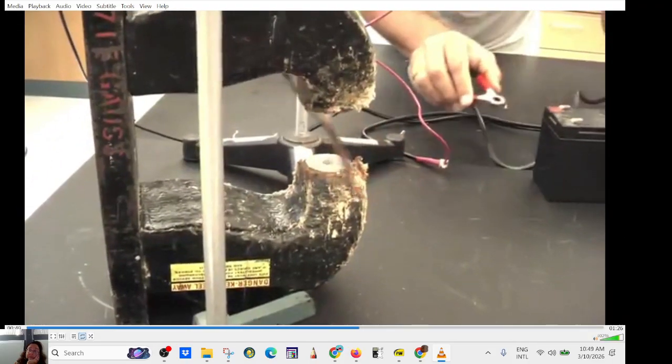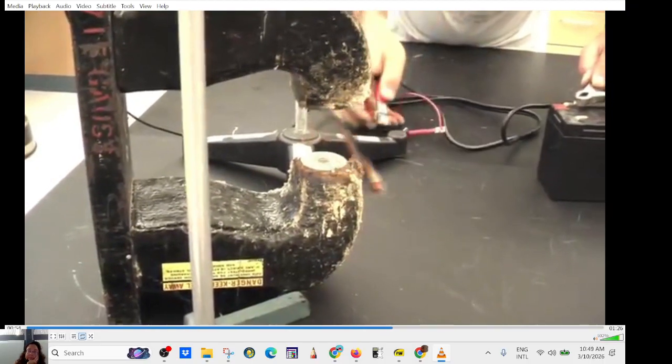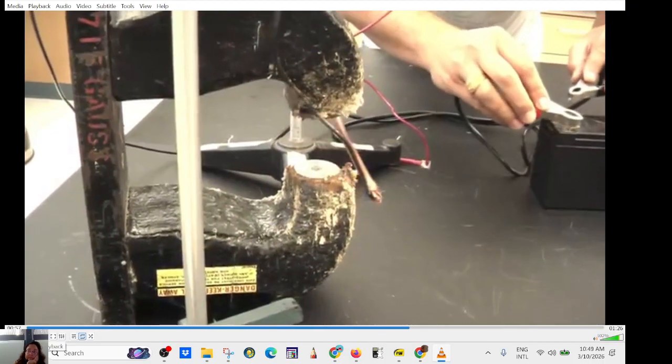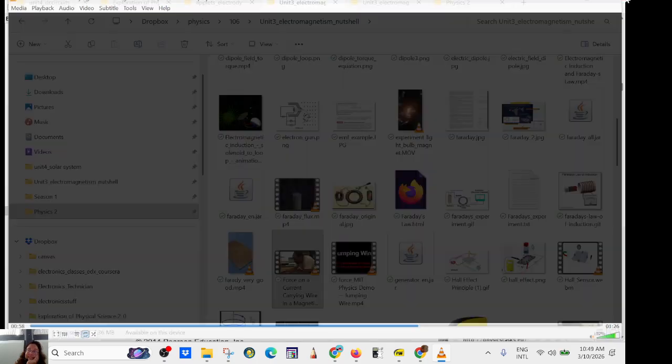Now, if I reverse the direction of the current, we expect an output. Isn't that cool?